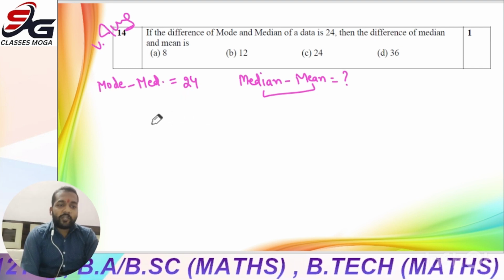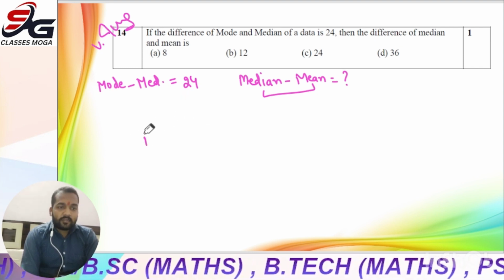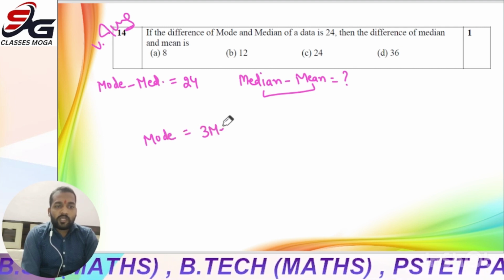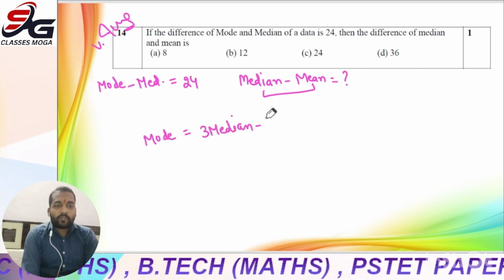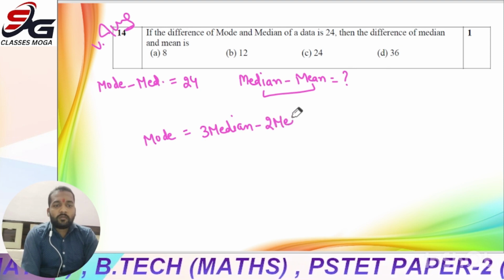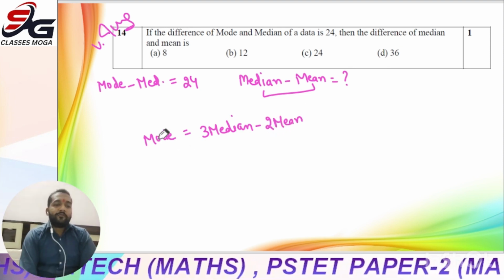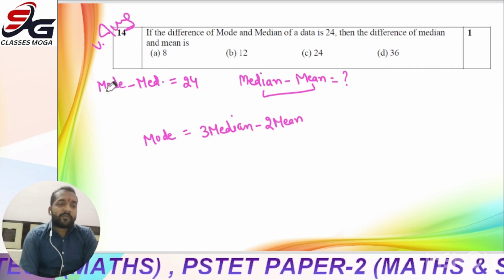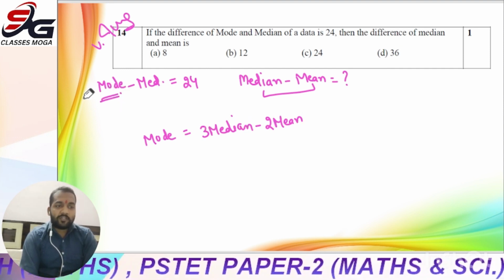Now students, we know one property, that mode is always equal to 3 median minus 2 mean. So mode is equal to 3 median minus 2 mean. Find the value of mode from this equation.